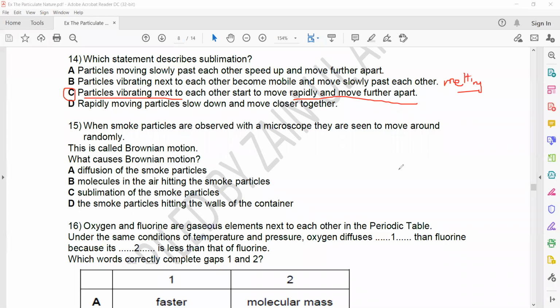Become mobile, can move from one place to another. That is what happens in liquids, that the particles are mobile. What is the meaning of mobile here? Means these particles can move past each other, move around each other. Is it clear? Question 14.